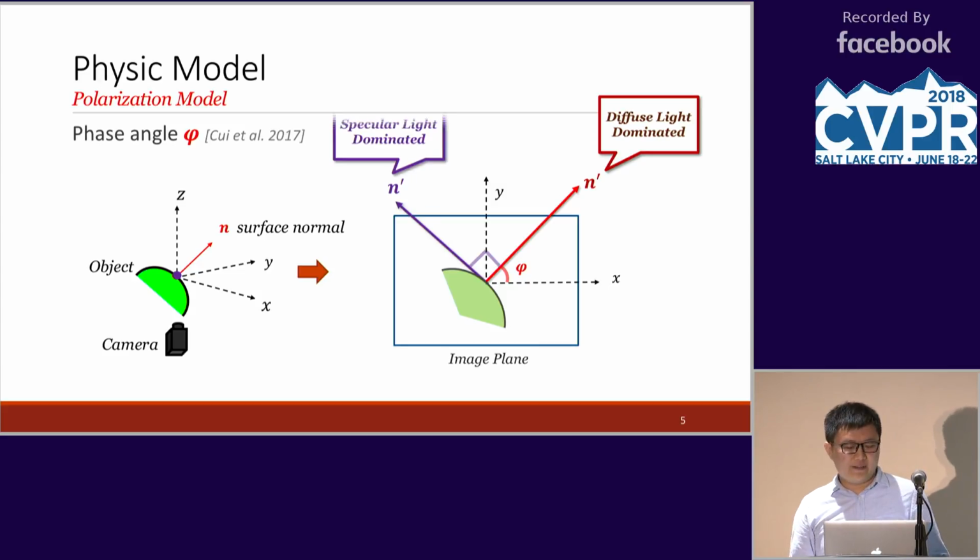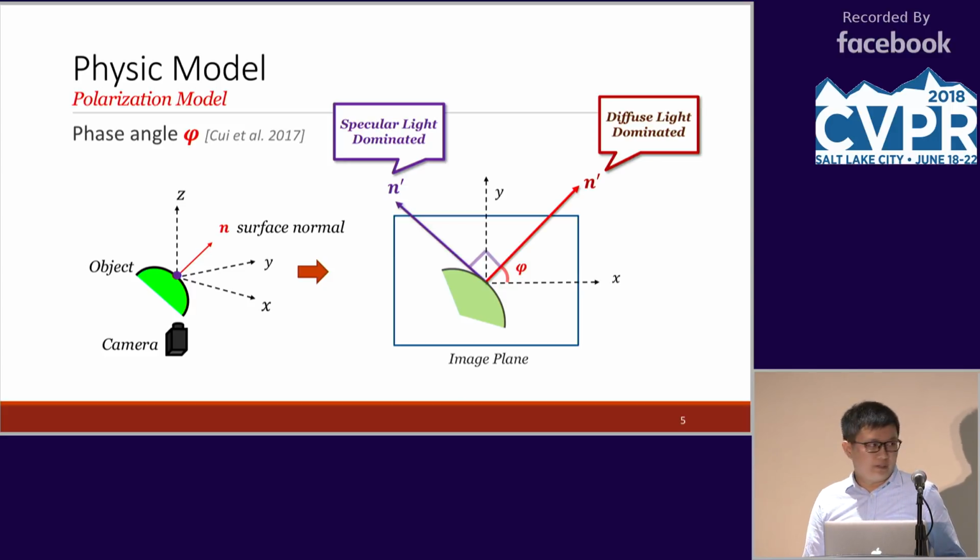If specular reflection dominates, the projected surface normal needs to be flipped by another 90 degrees. Therefore, the phase angle determines the projected surface normal up to a binary ambiguity, and we call this ambiguity the pi/2 ambiguity.